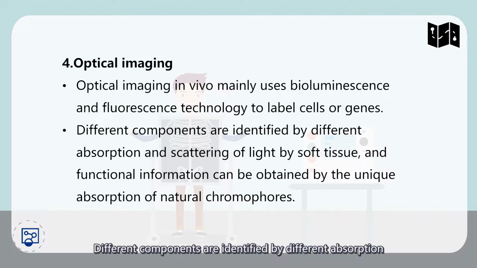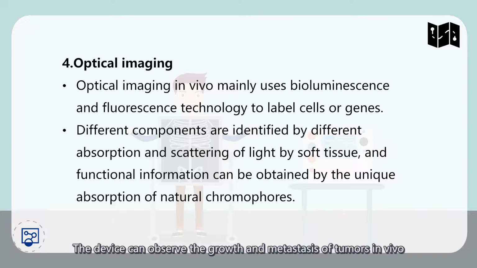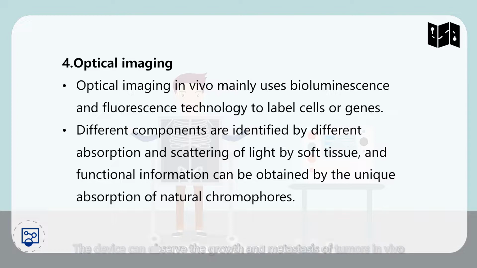Different components are identified by different absorption and scattering of light by soft tissue, and the function information can be obtained by the unique absorption of natural chromophores. The device can observe the growth and metastasis of tumor in vivo and the expression of specific genes in vivo.